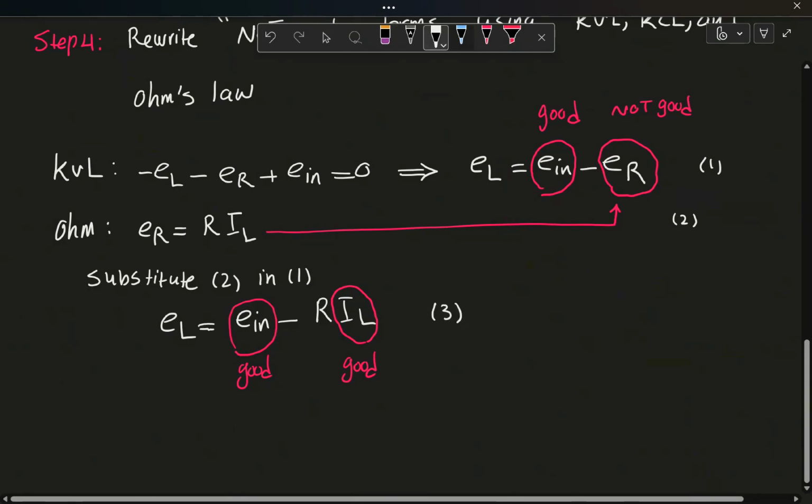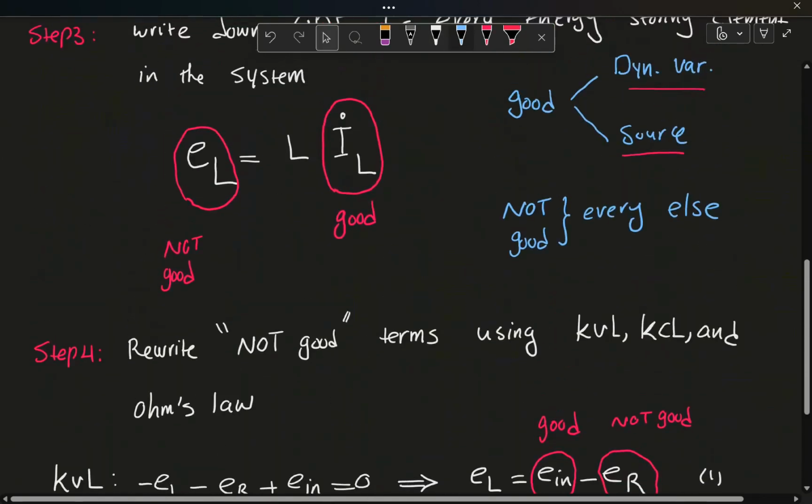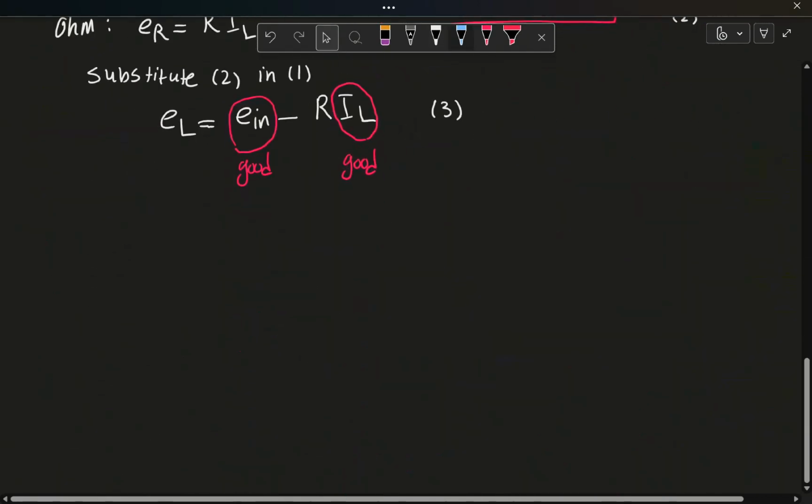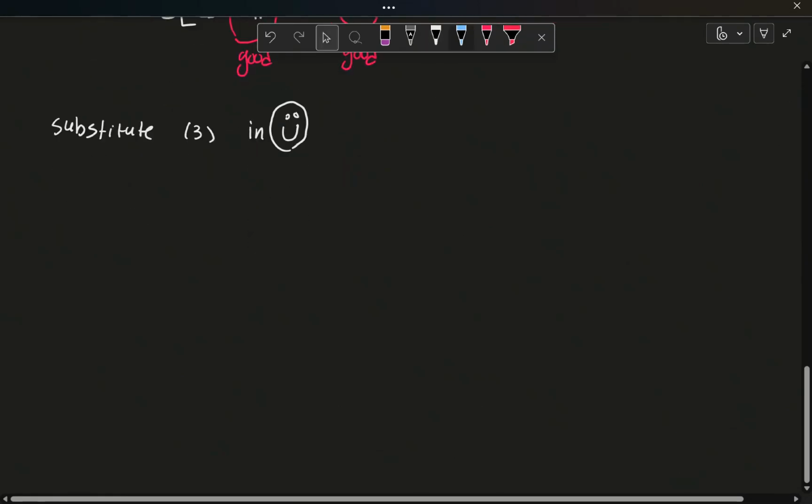I'm going to label this equation as equation 3, and let's label the equation that governs the dynamics of the system as equation Smiley. Now substitute 3 in Smiley, what do you get? You will get EN minus R IL equals L I dot L. If you notice, all the left-hand side is your EL, which is from equation 3.